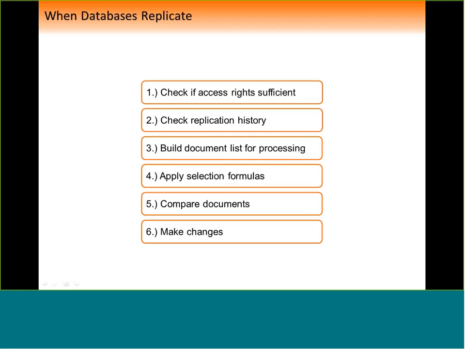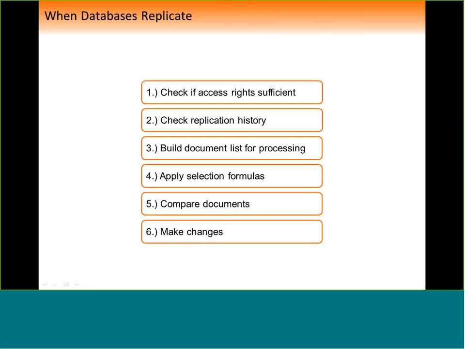All right, so with that, we're actually through the first part, but this is where we get to the real deep stuff. We're going to take a look at what actually happens when databases replicate. We're going to get started with what access considerations we need to be aware of. Then we're going to take a look at some replication history things, understand how the replication history plays a role in what happens. Then we're going to go on to understand how the list of documents is going to be prepared that are going to be compared between replicas.